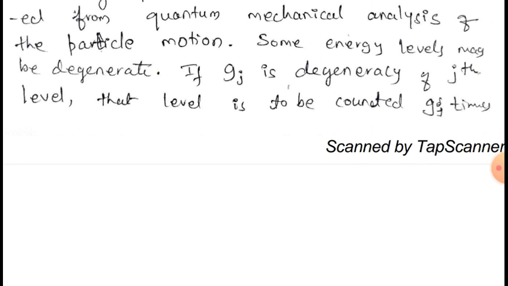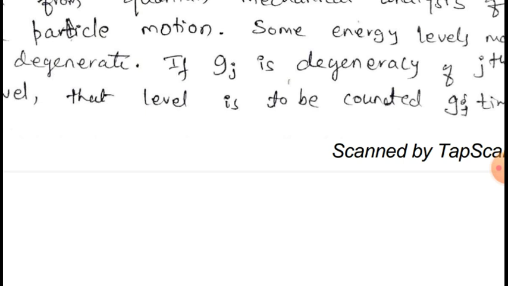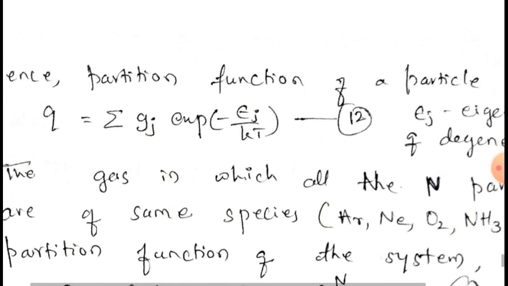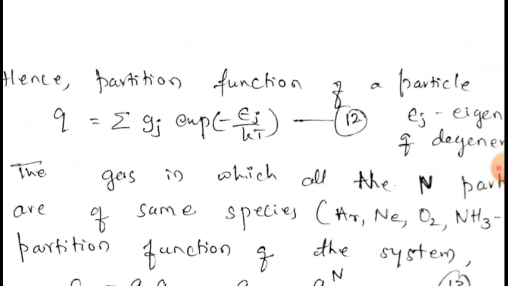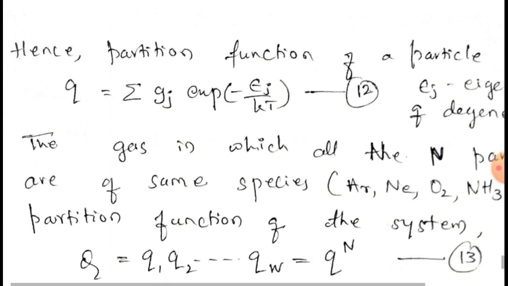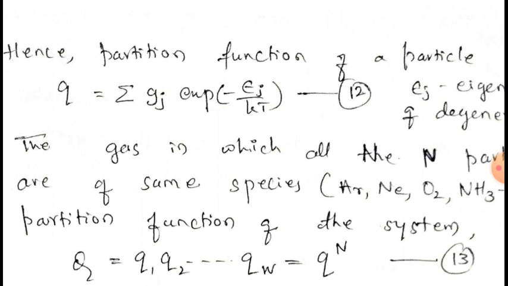And if there is a degeneracy Gj, then one has to count that energy level that many number of times. Therefore, the partition function of a particle q is equal to the sum of Gj times the Boltzmann factor.